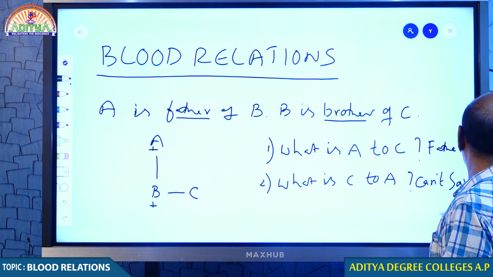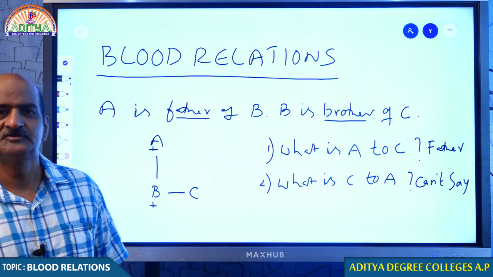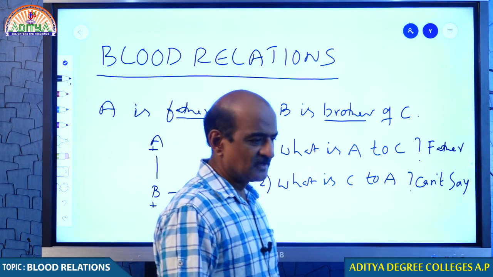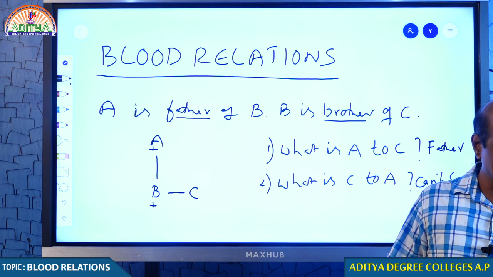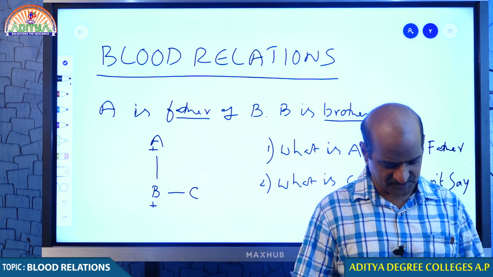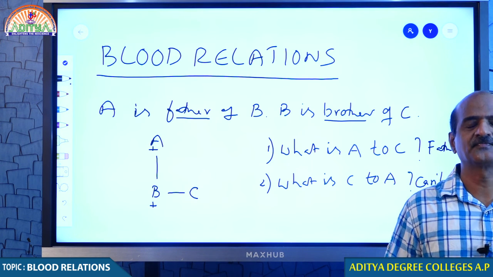Data inadequate. If my question to you is why you are saying can't say, you can simply say that because the gender of C is not given, hence your answer is can't say.